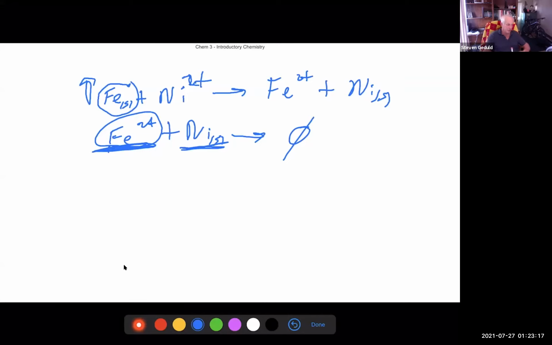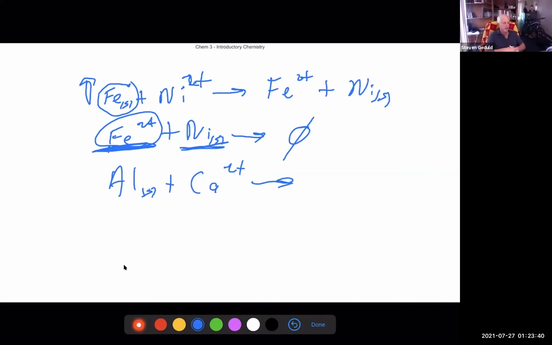So if we look at aluminum, let's say we have aluminum solid plus, let's put in calcium. Would there be a reaction? You look at aluminum, aluminum is up high, and the calcium ion is above aluminum.